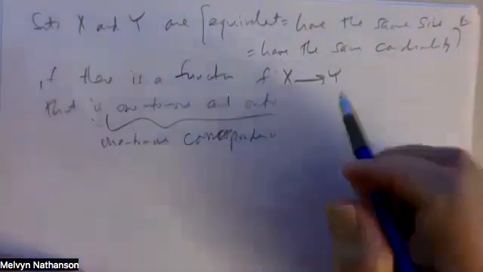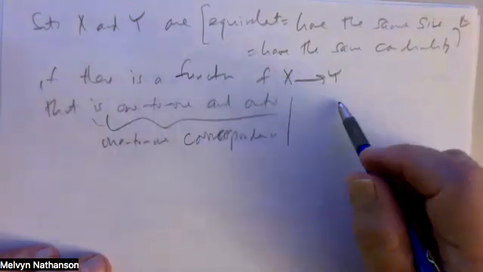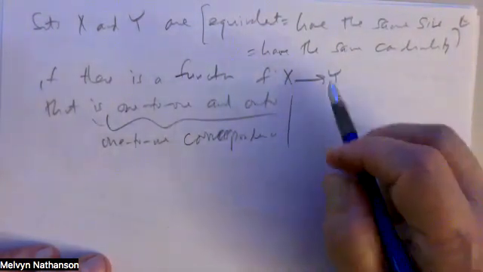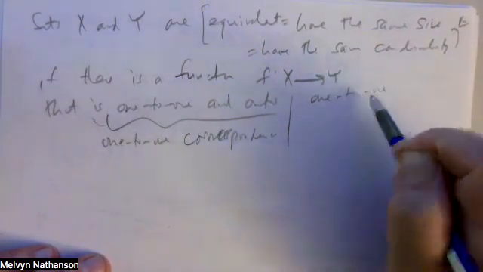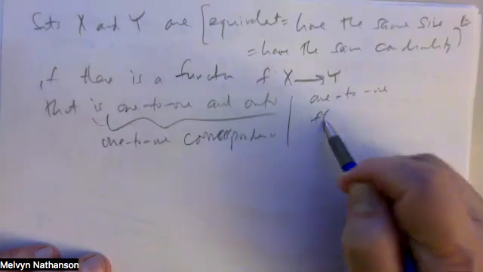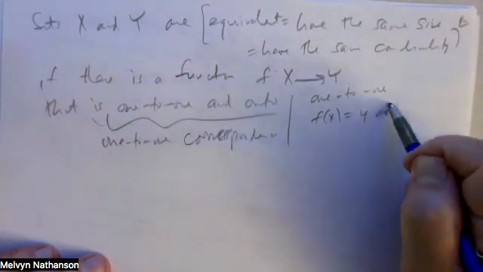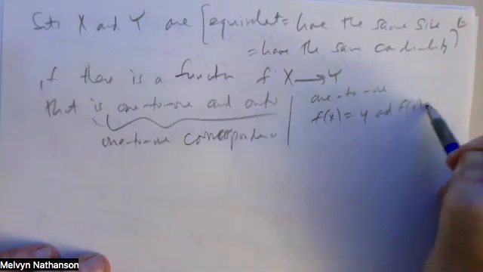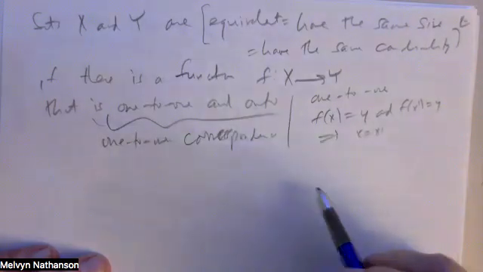And what that means is you have a function from X to Y. One-to-one means the following: if f(x) is equal to y and f(x') is equal to y, that can only happen if x equals x'.